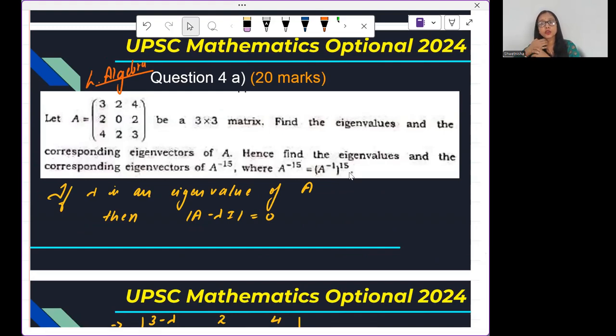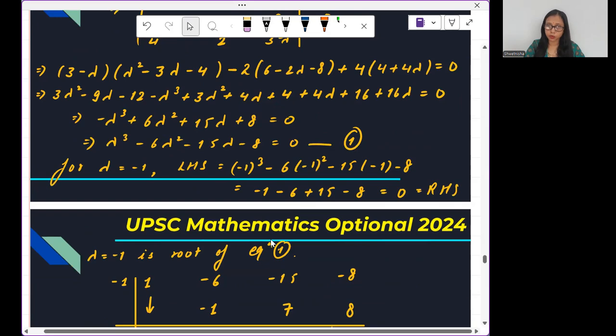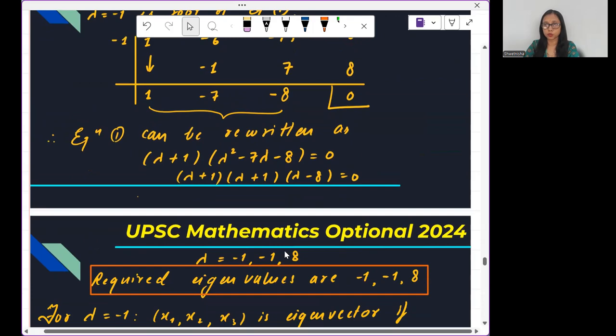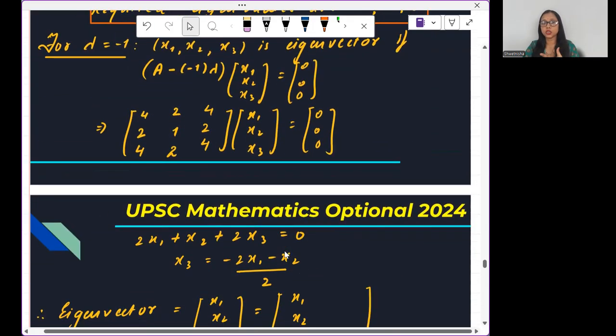But if you are running out of space, you can try doing some calculations in the rough work and write down the final result. For example, all the calculations that we did in finding eigenvectors can be easily compressed by doing major calculations in the rough work and writing down the final results. For example, calculation of this lambda can be avoided. Just from equation 1, you can solve it in the rough work and write that lambda is -1, 1/8. So these are the small things you can do if you think you're running out of space.